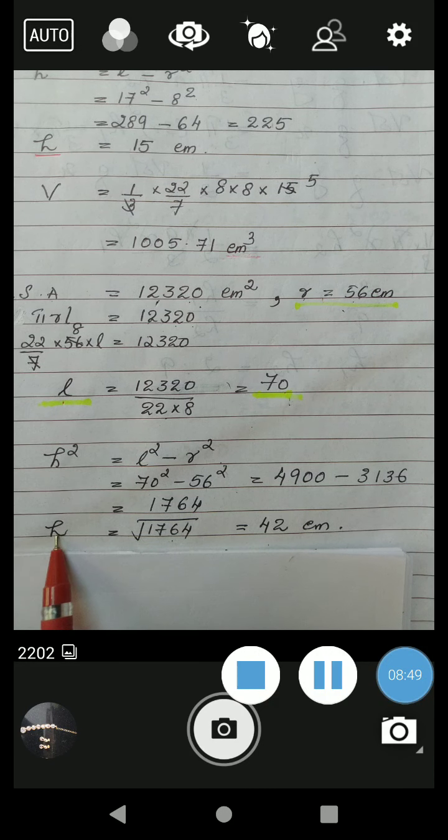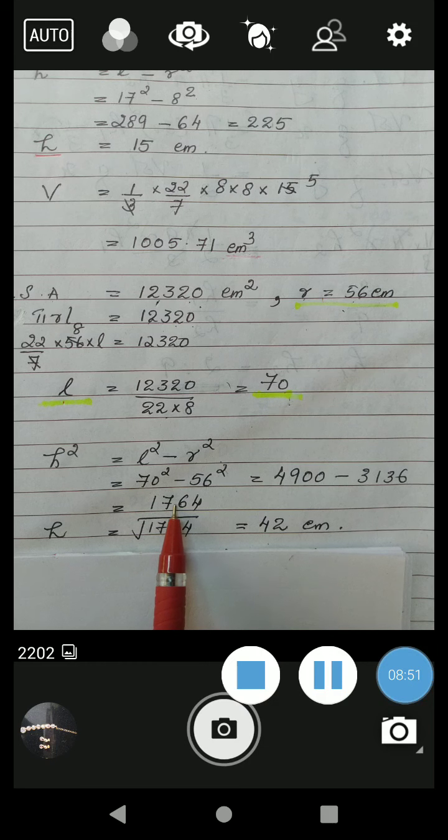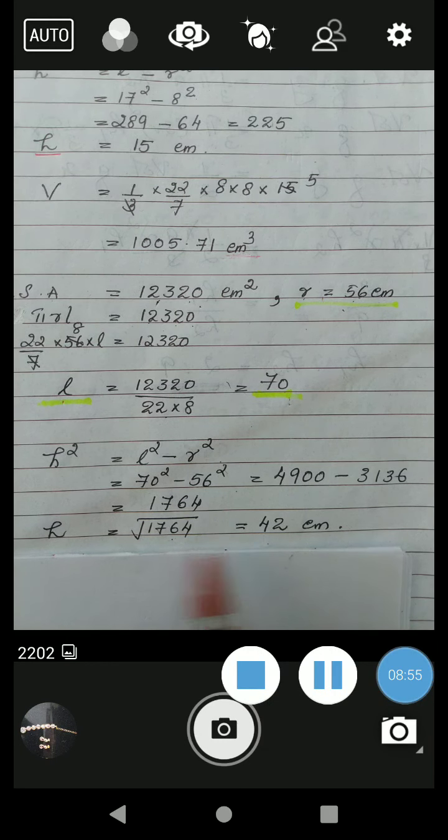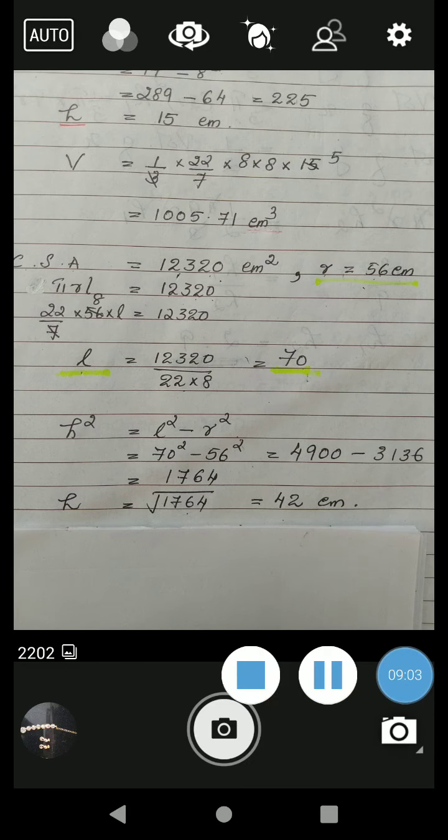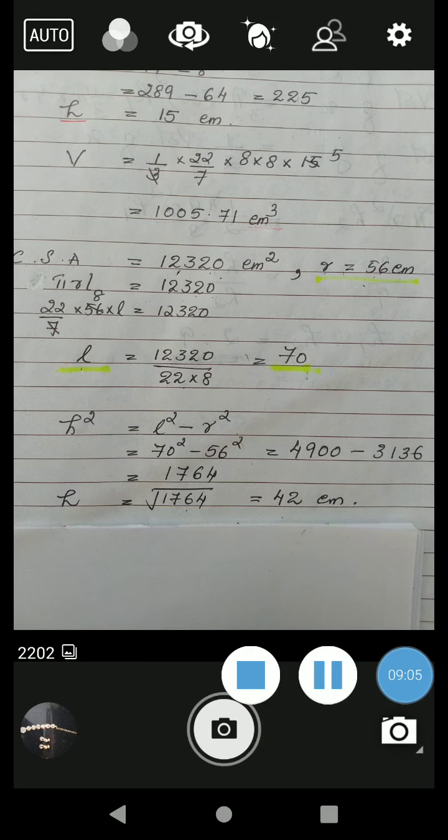That is H is equal to square root of this, and using division method you can find square root, or you can use Clark's table. Okay, it is allowed for board exam. Therefore you can use Clark's table.